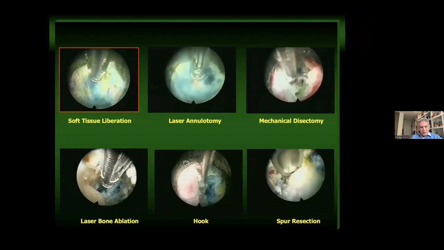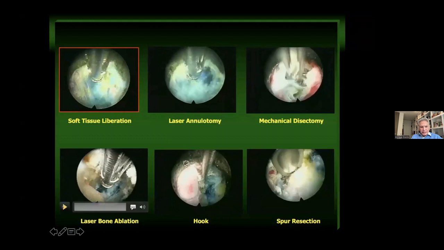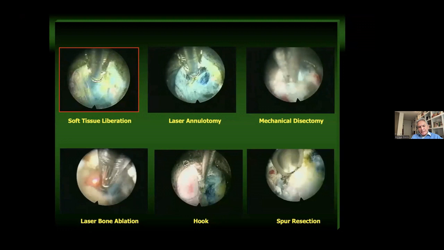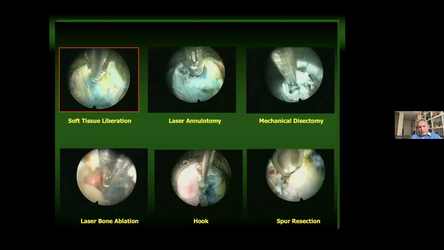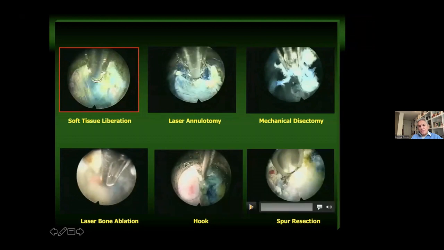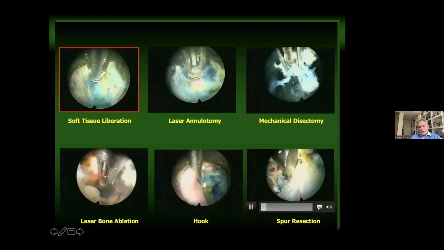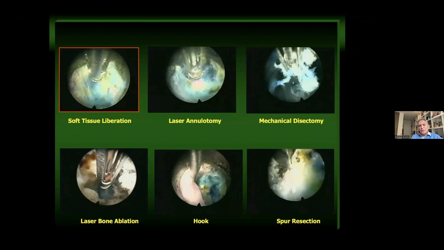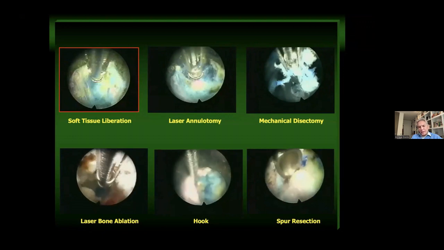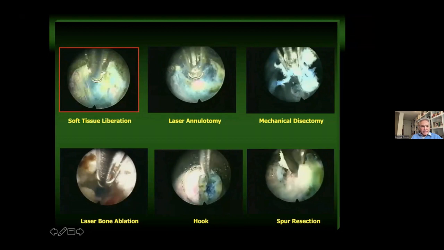We use many instruments, and we can do bone ablation with laser. We can use the hook, we can use the spurs, and many instruments to open the foramen to take out the disc.